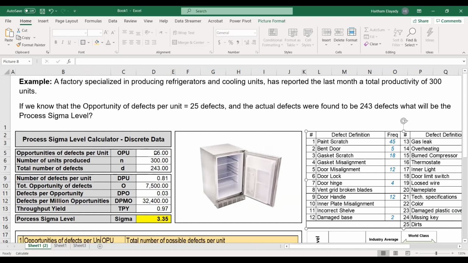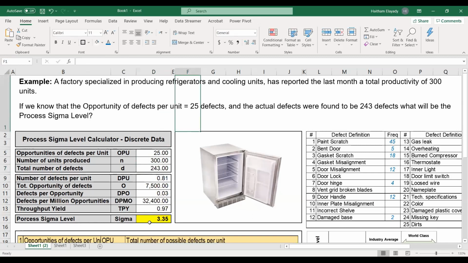So let me erase those numbers again so we can see by ourselves how those values come from. The OPU, the opportunity of defects per unit, is 25. The number of units produced is 300. And the total number of defects found is 243.